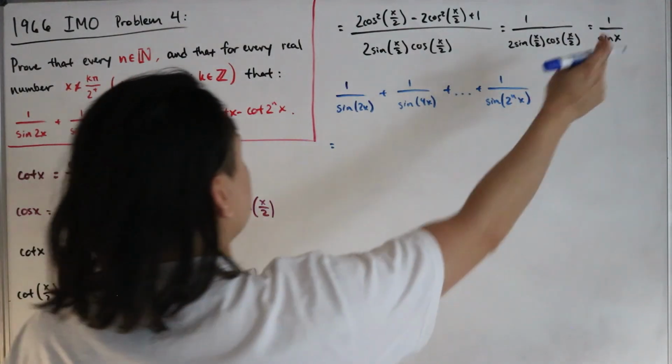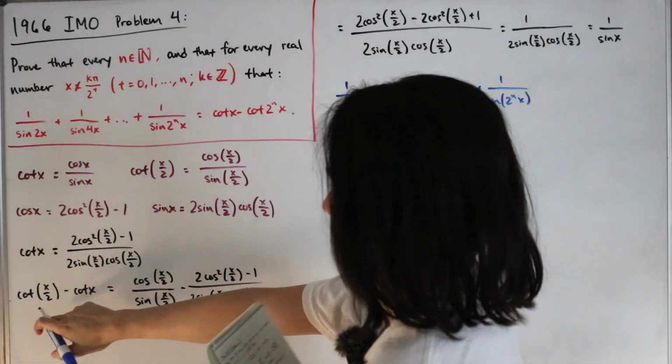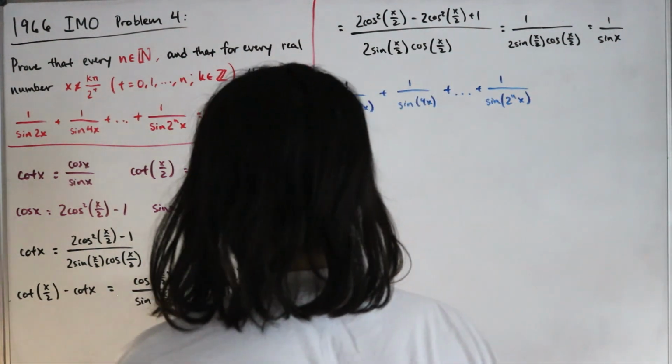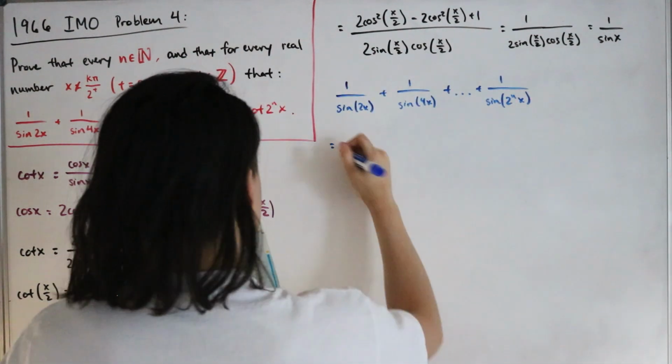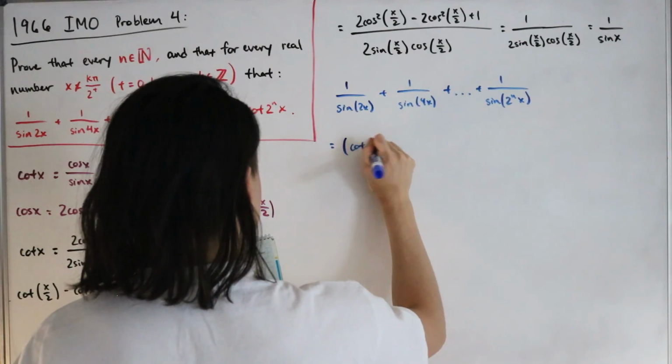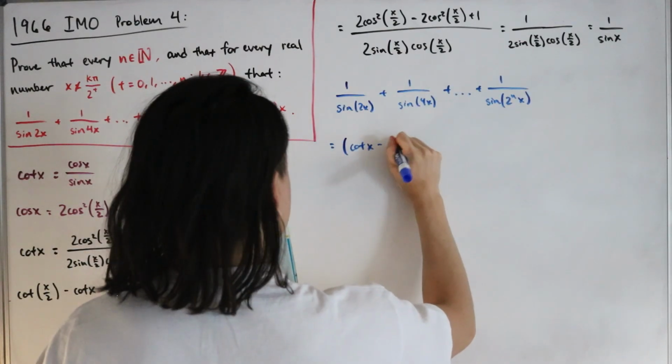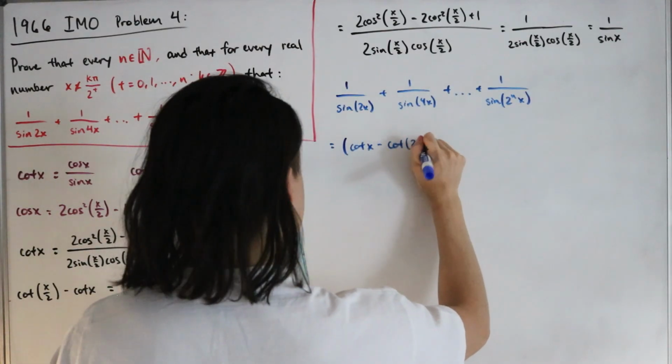Then I just plug in everything we did for 1 over sine of x from this computation of cotangent of x divided by 2 minus cotangent of x. So doing so, we have cotangent of x minus cotangent of 2x.